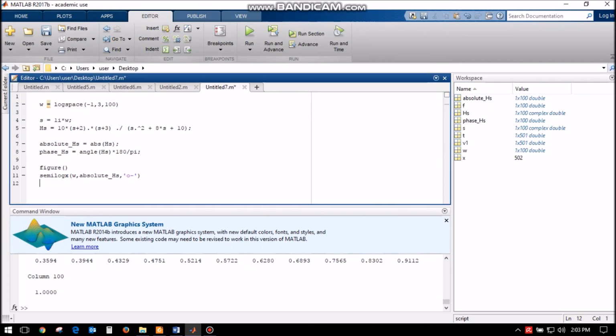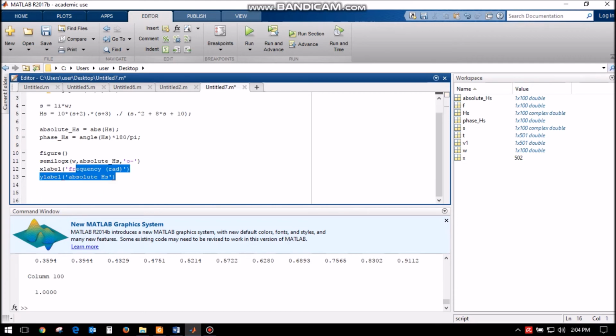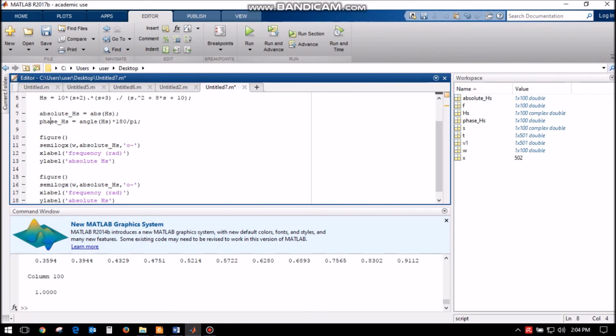Don't forget the X label. What is the X label? Frequency in radians, right? Y label, absolute value of Hs. There's no unit for that. And then let's draw the phase.